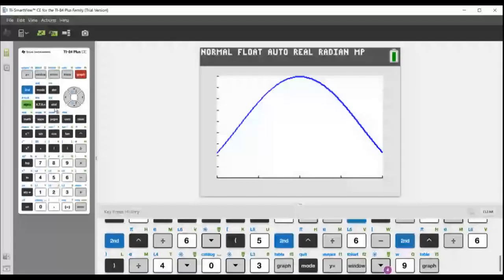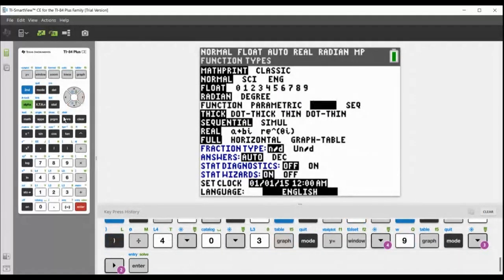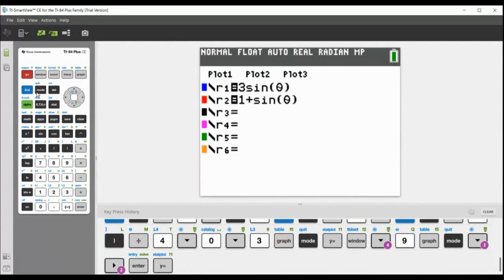Okay, mode, we'll put it back in polar. And then y equals, let's see, we have 2 times the sine.